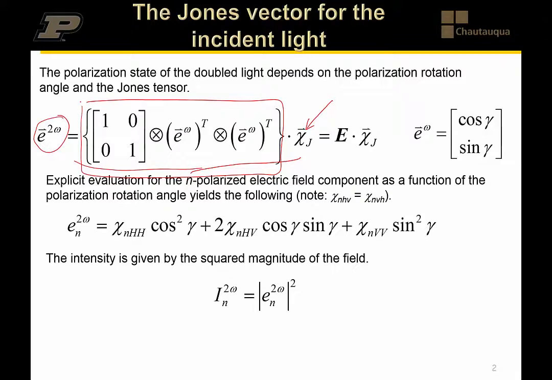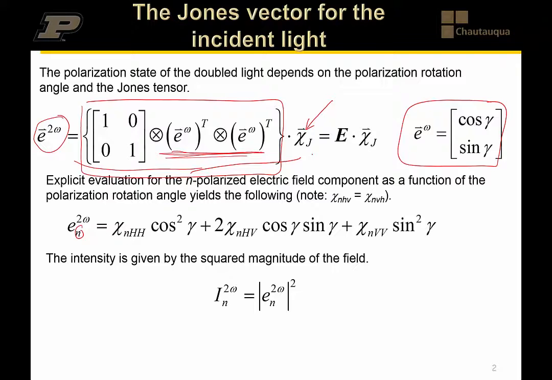This is the known incident polarization state. So if we just substitute this expression for the incident polarization state, then let's just consider, for example, either the H or the V, just one of the two polarization components in this Jones vector for the doubled frequency. Then it's pretty straightforward to convince yourself that you're just doing a Kronecker product of these two terms.